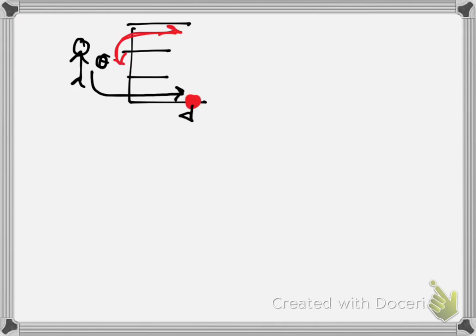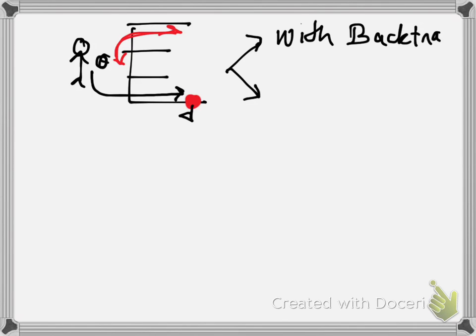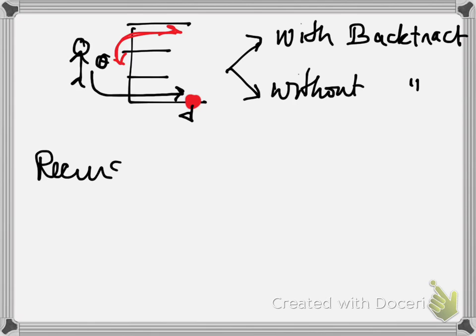So these two types of parsing algorithms, that is with backtracking or without backtracking, there is one particular algorithm which can work for both, and that is recursive descent parsing.